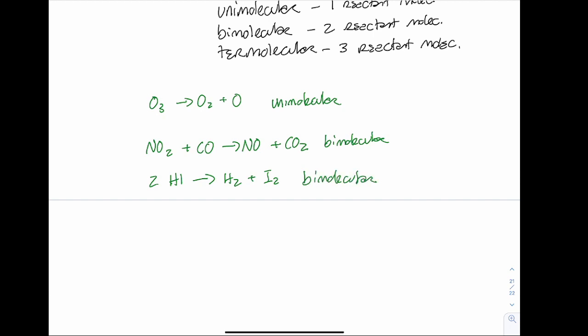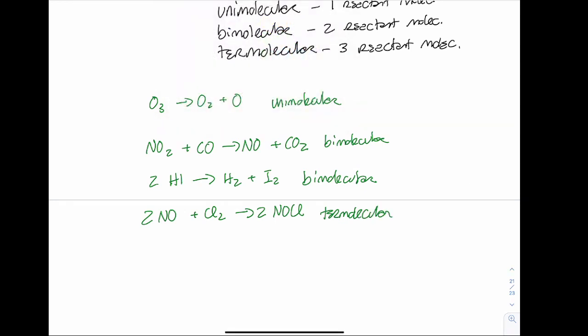An example of something that's termolecular, we could have two nitrogen monoxides plus chlorine going to two NOCl. And here I have three reactant molecules, right? I have two nitrogen monoxides plus chlorine, so three molecules total, so termolecular.